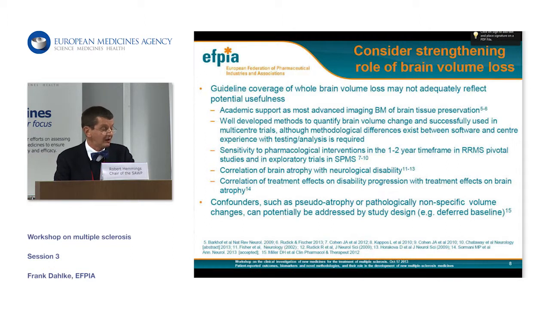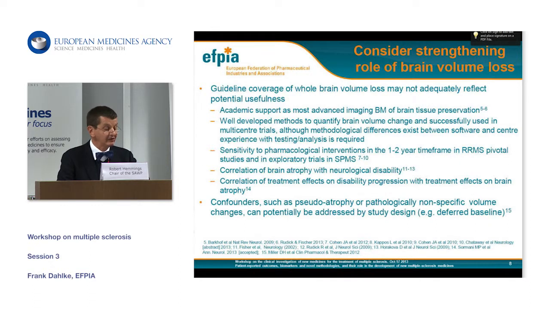And there are, from a clinical relevance point of view, modest to moderate correlations of brain atrophy with disability, as well as, again, the work from Maria Pia, correlation of treatment effects on disability progression with treatment effects on brain atrophy.